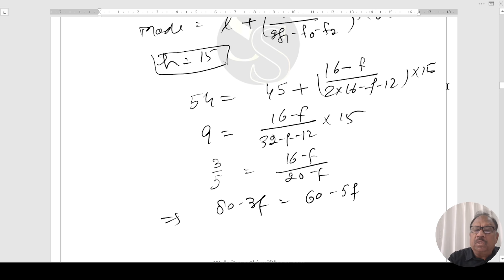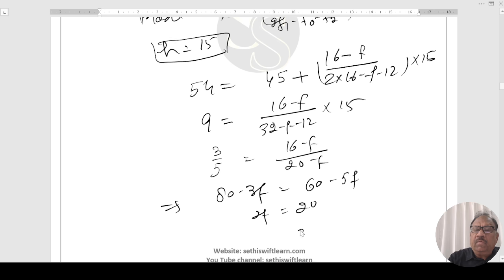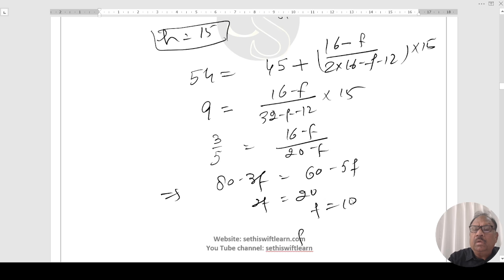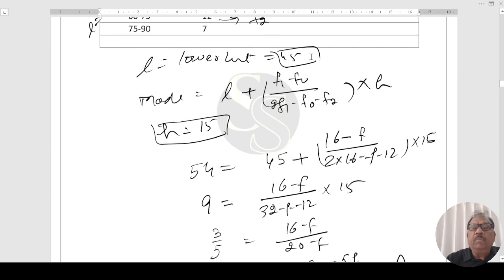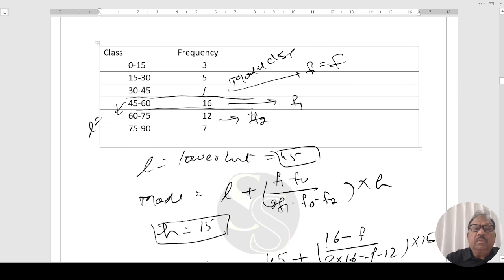On simplification, this comes out to 2f equal to 20, f comes out to be 10. This is the answer. Missing frequency is 10.